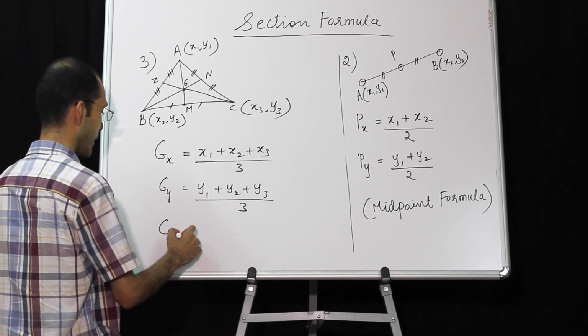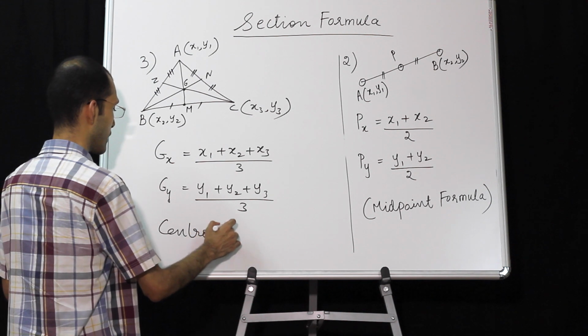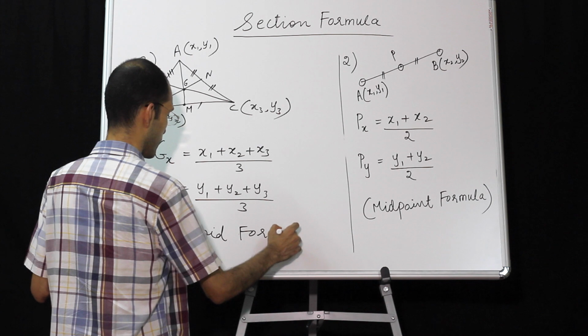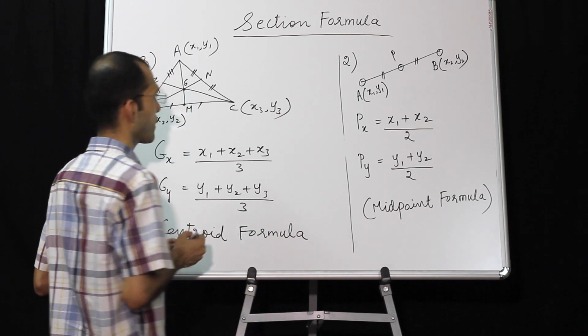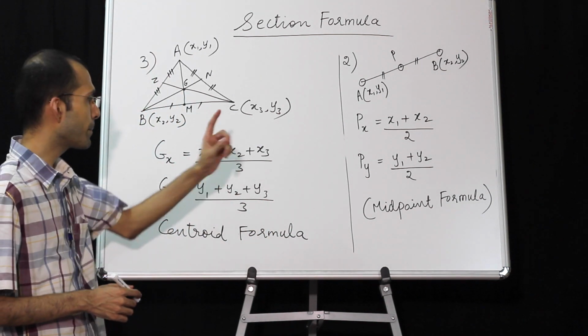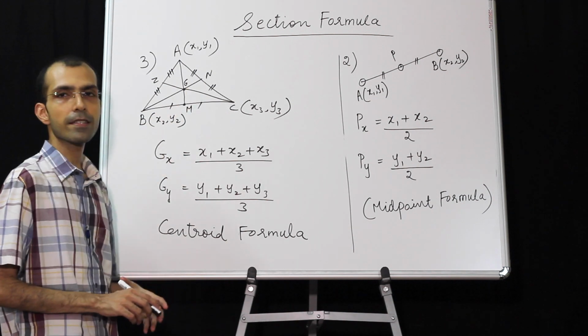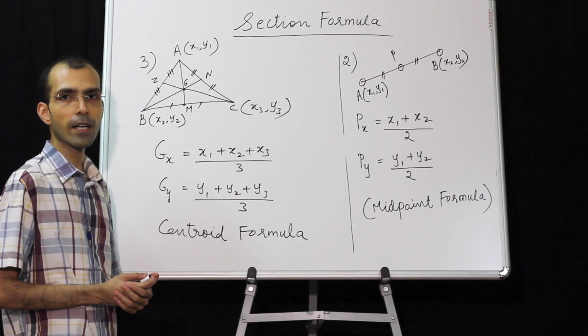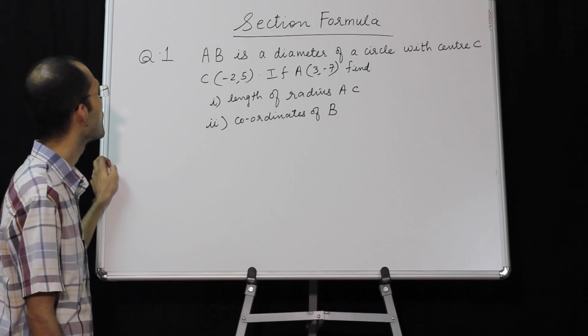So this is known as centroid formula. Comfortable? So section formula, midpoint formula, and then centroid formula. Now that you are done with all this, we will start with numericals.